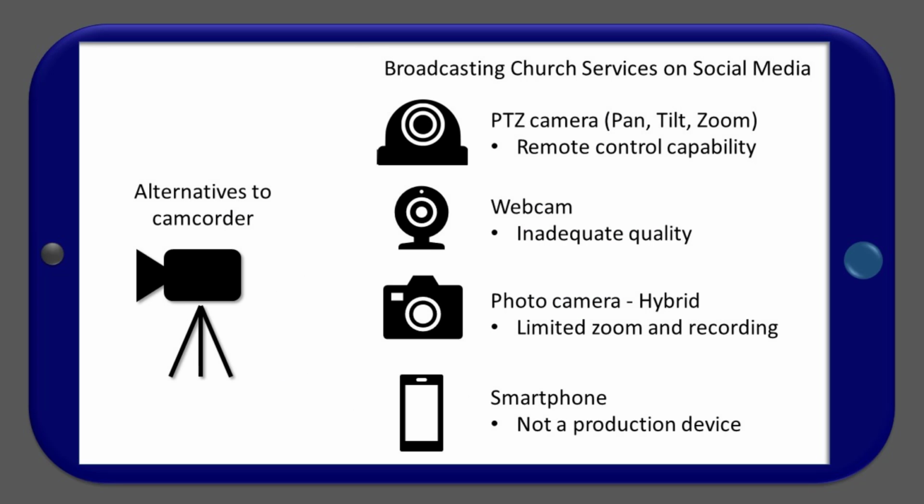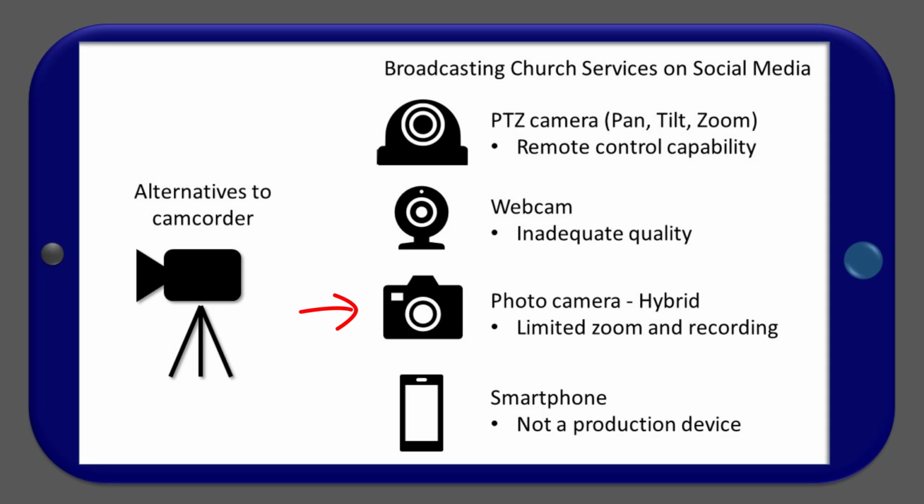Considering our requirements and the price range, alternatives for a camcorder would be a PTZ camera with a pan, tilt and zoom remote control, a webcam, but it will not offer adequate quality and it does not meet all requirements. Hybrid cameras for photo-video, but they have limited zoom and recording time capability.